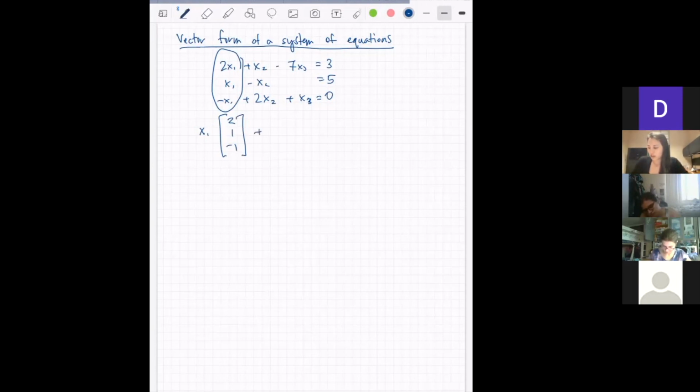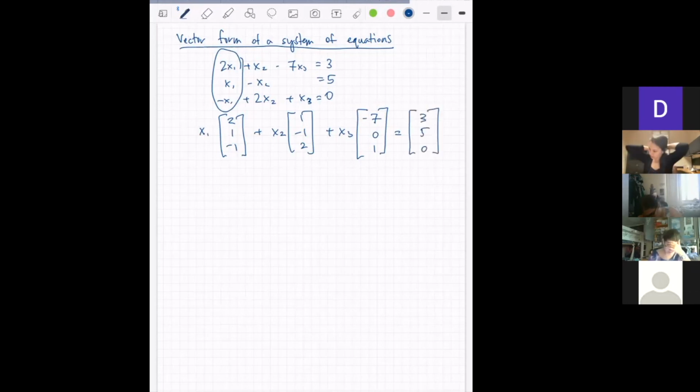And then x2 will be multiplied by the column 1, minus 1, 2. So a column vector there. And then x3, we would have 7, 0, 1, or sorry, negative 7. And then this is equal to that last column we turn into the vector 3, 5, 0, like that.